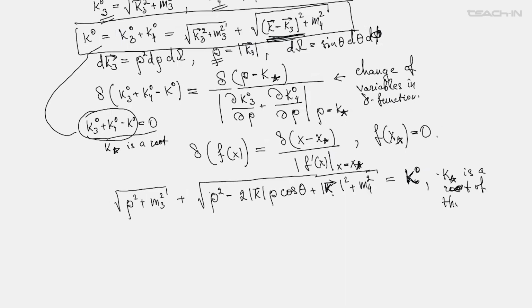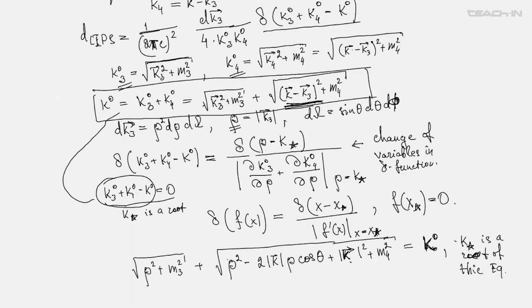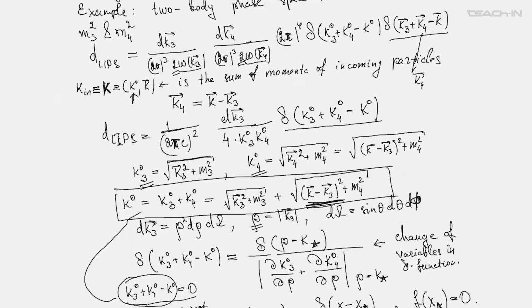And therefore, if I perform integration of this quantity, d ellipse, over rho, so I replace this dk3, as I said, by rho squared d rho d omega. Integrating over rho will replace rho by k star.